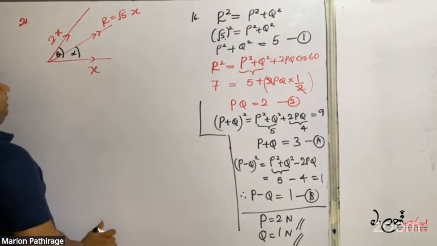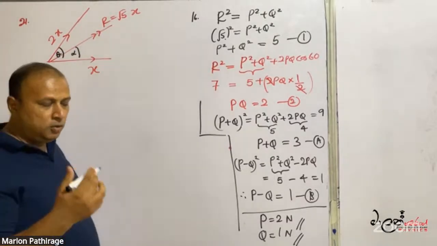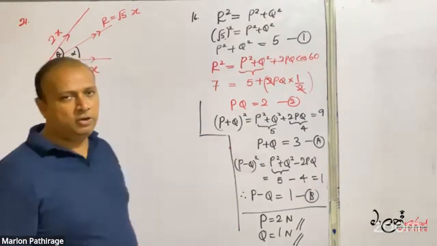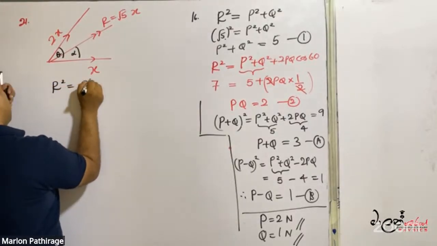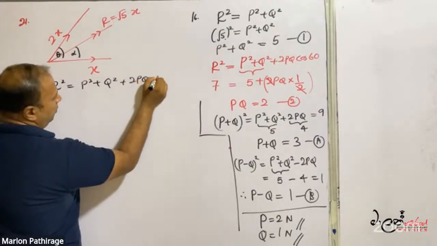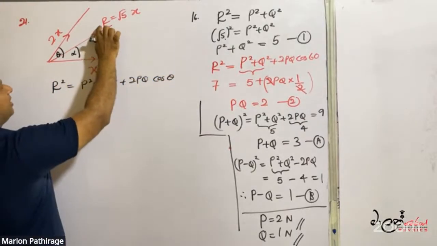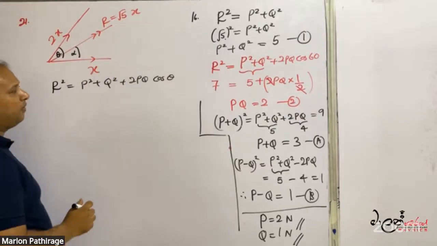Okay. If you consider the entire angle, you can determine that value using the equation. You know R squared is equal to P squared plus Q squared plus 2PQ cos theta. Now R squared is equal to root 5 times x, squared.